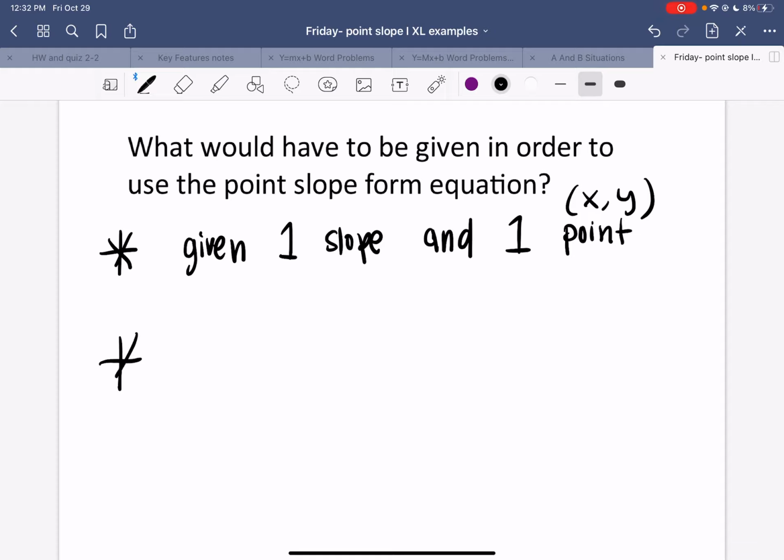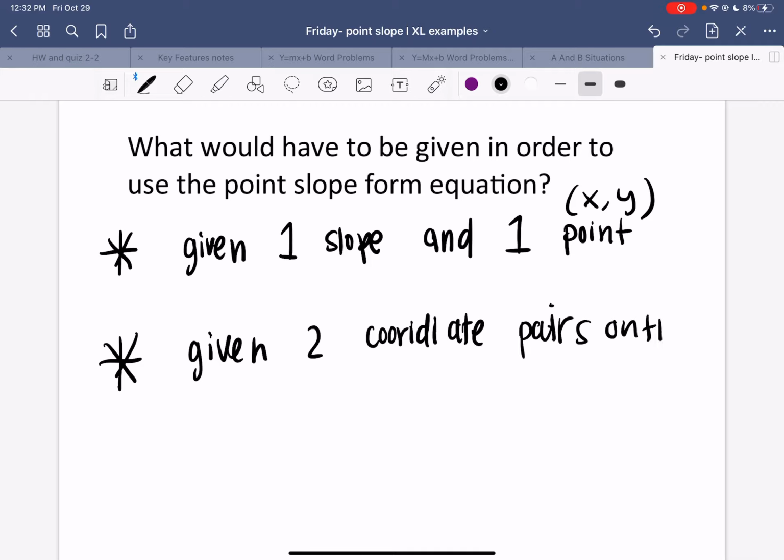Or the other thing is that you could still use this point-slope form equation if given two coordinate pairs on the line. So those are the two scenarios that we're going to look at first.